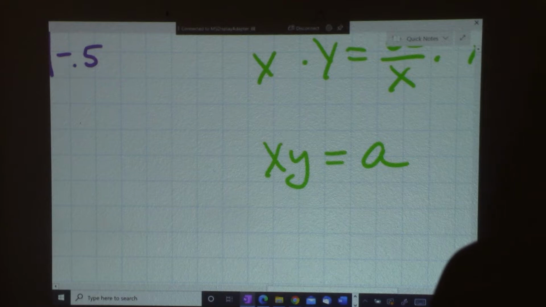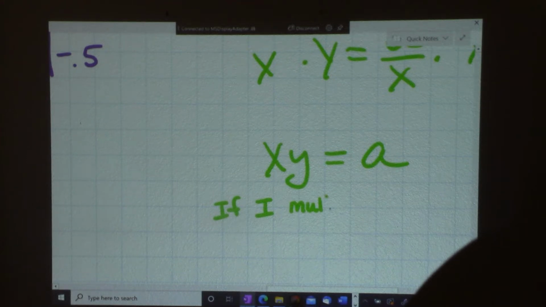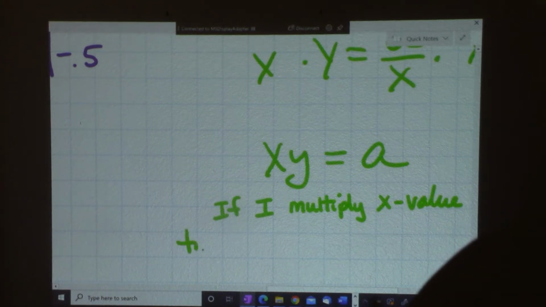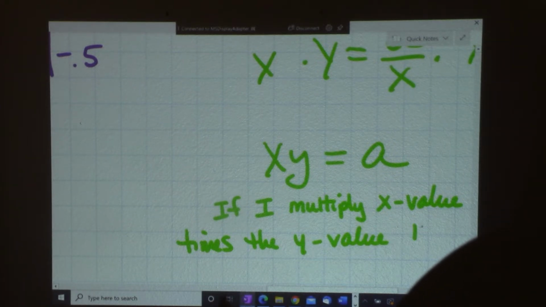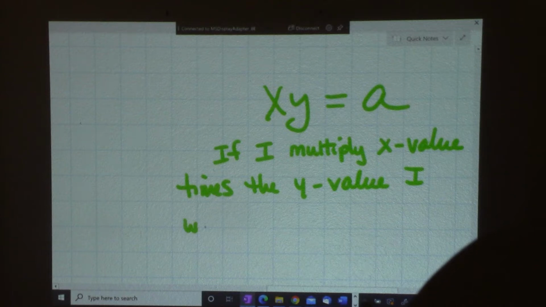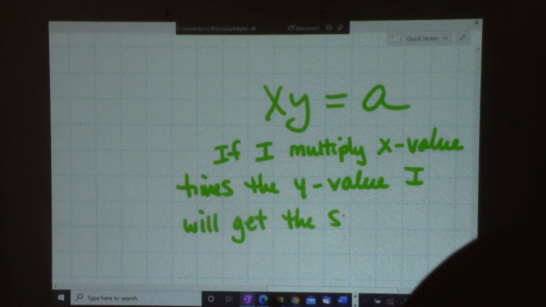All right, so what that tells me is if I multiply the x value times the y value, I will get the same number, the same value, a.